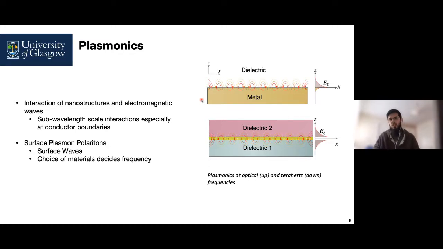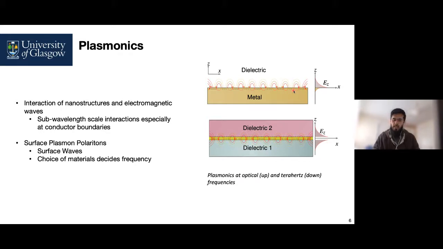This interaction is usually only observed at material boundaries or interfaces, such as the one that we see over here on the right. In the top figure, we see a metal and a dielectric, and at the interface, we see the propagation of a special kind of wave, which is commonly known as the surface plasmon wave.